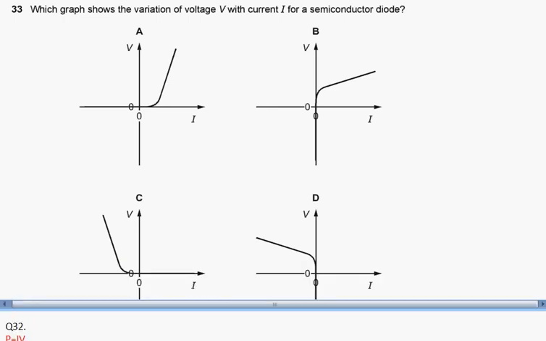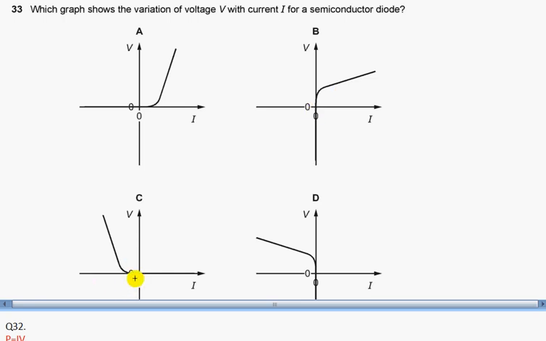33. Which graph shows the variation of voltage with current for a semiconductor diode? So when voltage is positive, current is positive and it increases dramatically at some voltage. So this is the graph that I need.